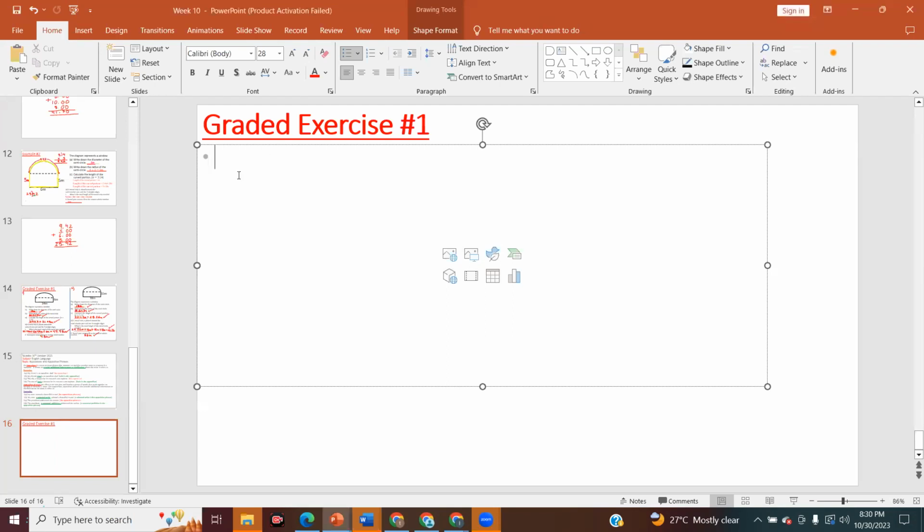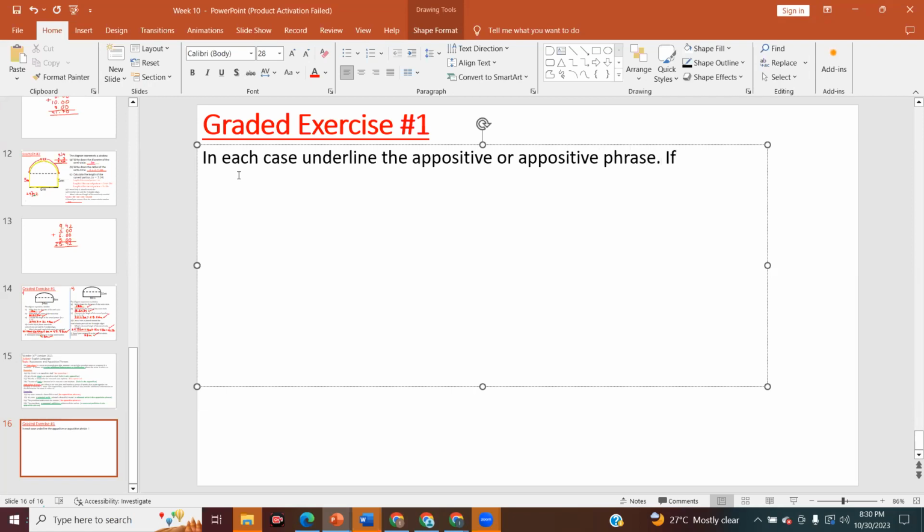For this one, in each case, underline the appositive or appositive phrase.